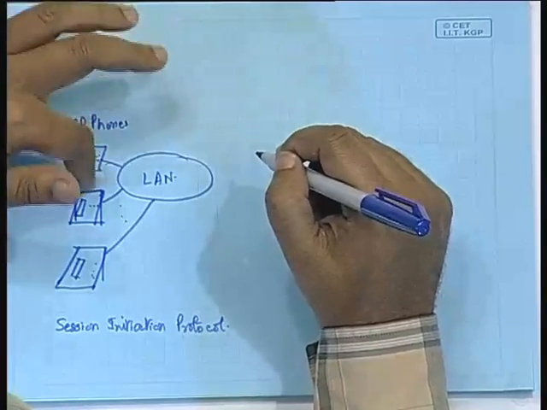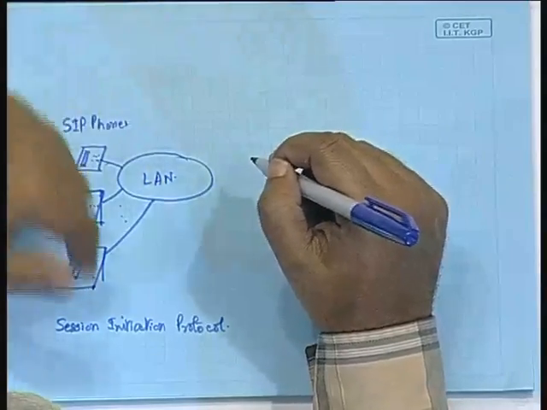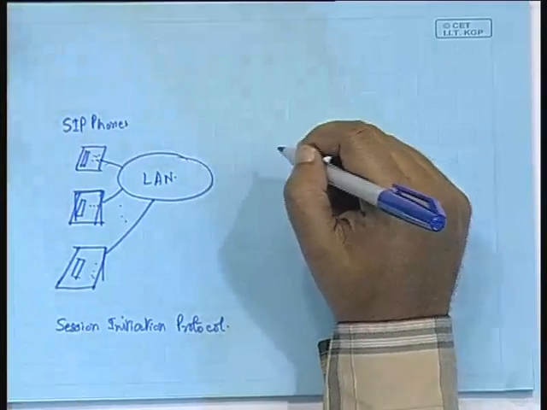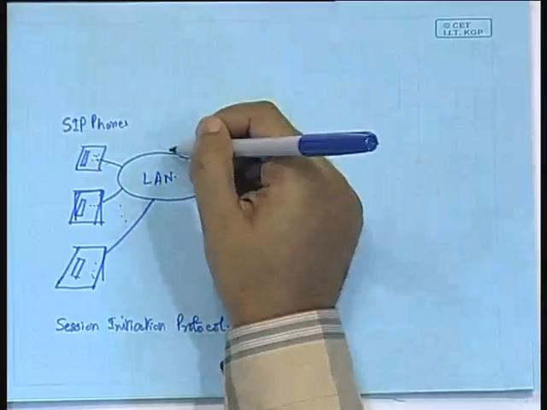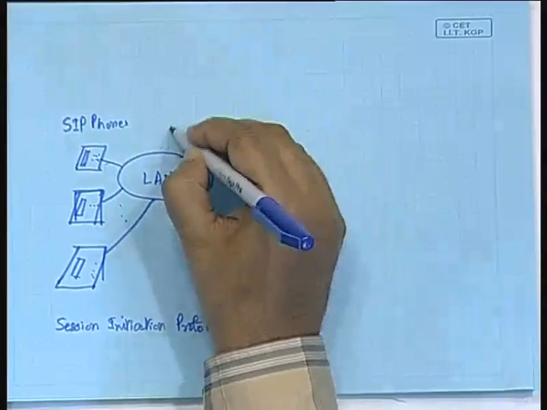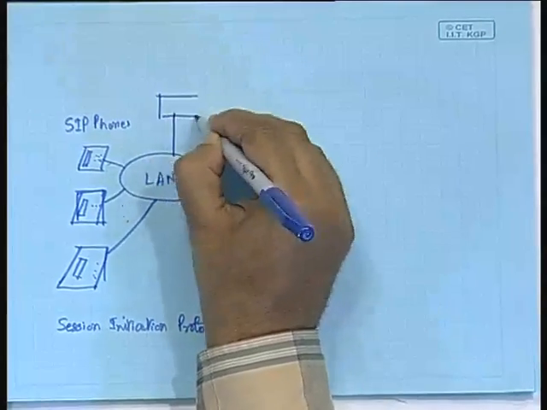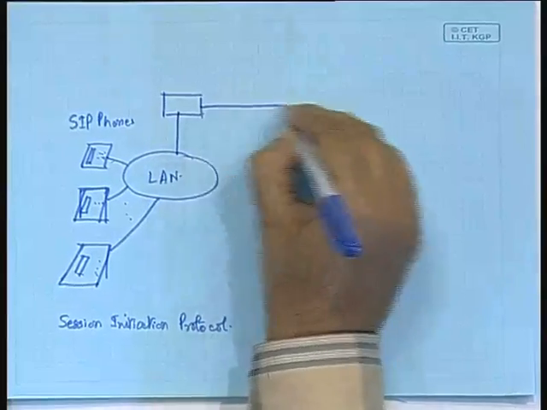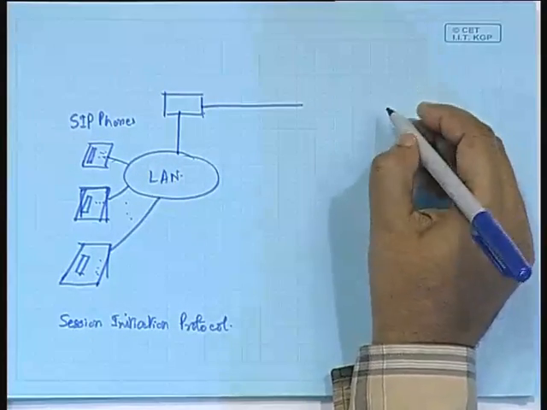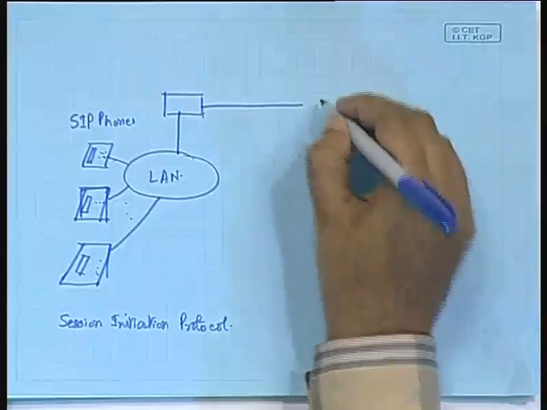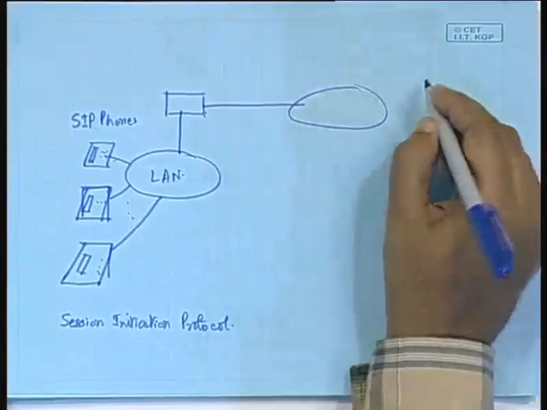So, the digitizer and encoder will be kept within these IP phones, okay, and then this LAN is connected to the gateway, okay, and then this could get connected to the wide area network.